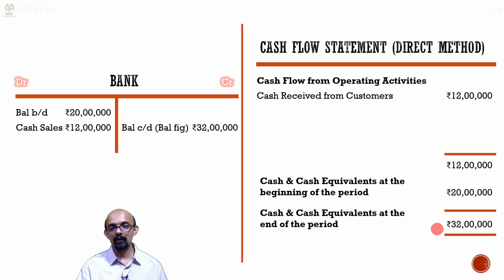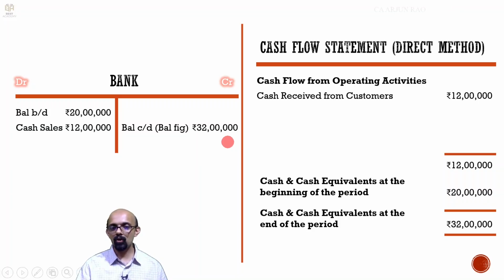Now suppose this amount of 32 lakhs is in foreign currency, right? Any amount in foreign currency, when you report it at the end of the reporting period, you have to use that particular exchange rate.